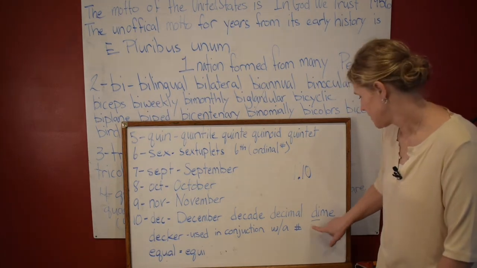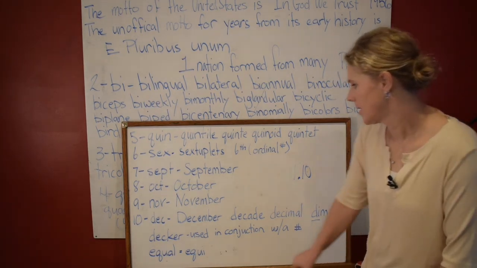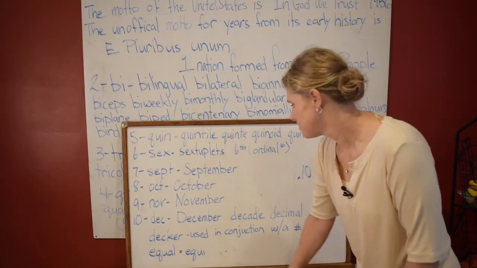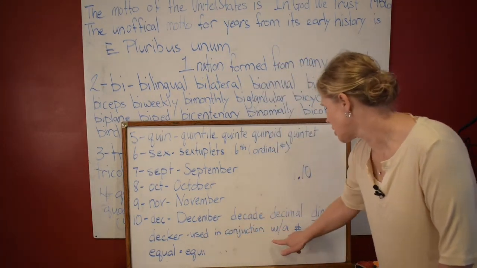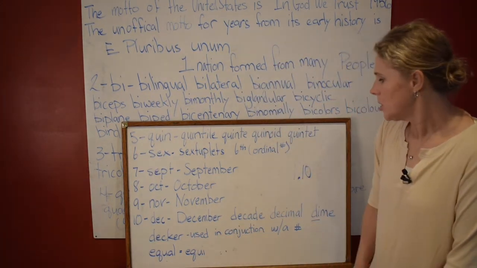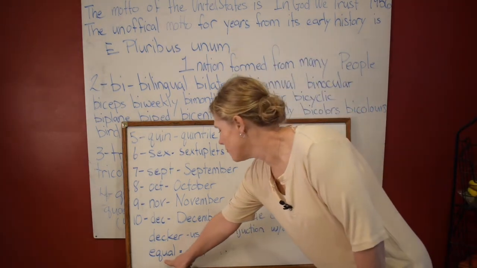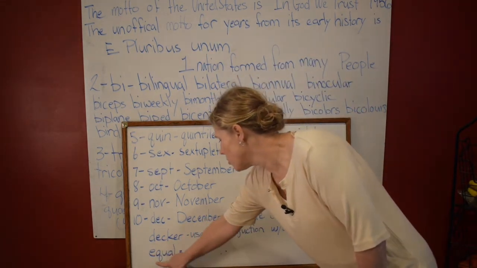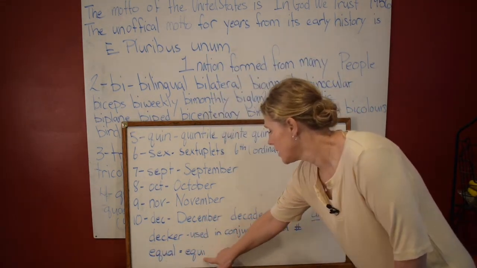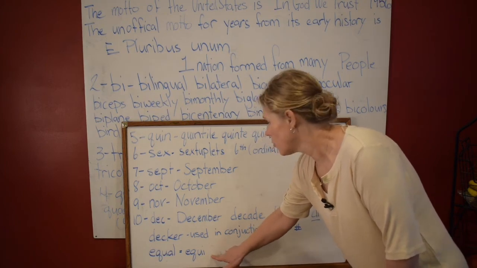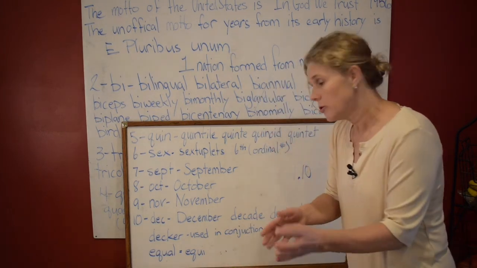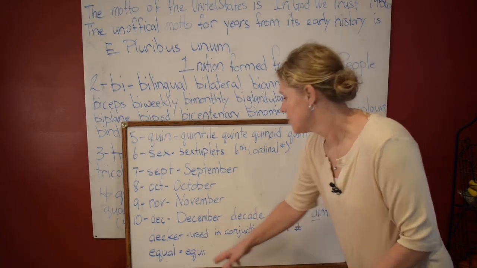Dime for 10 cents. Decker, so used in conjunction with a number. So then we also have equal, the Latin root equi. So like equilateral, you have equal sides.